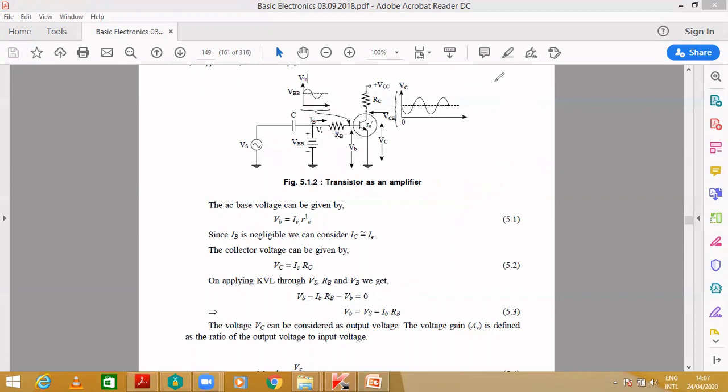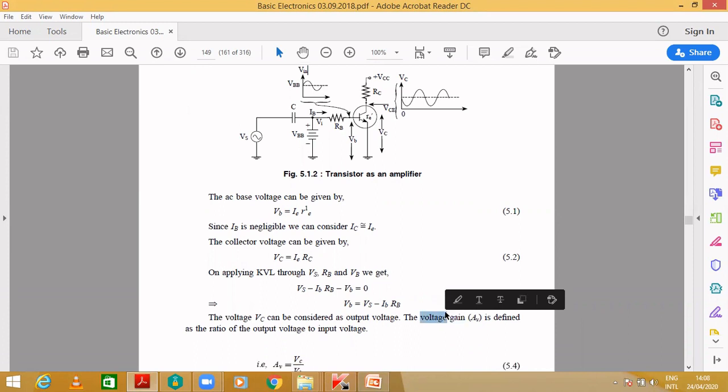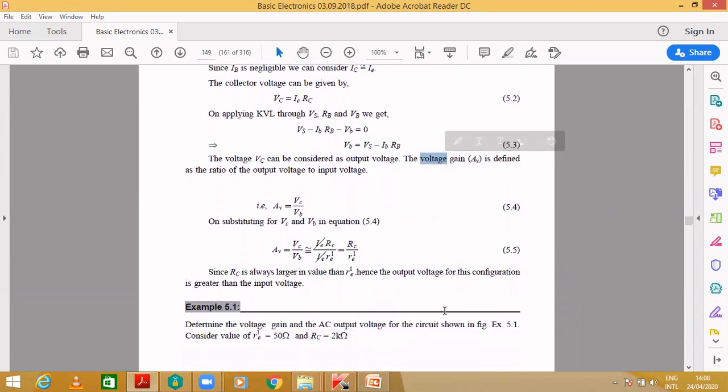Okay, so next, we have to find the voltage gain. I told you, you have voltage gain and current gain. You may go with voltage gain or current gain. I am interested in calculating the voltage gain. So gain is nothing but output over input.